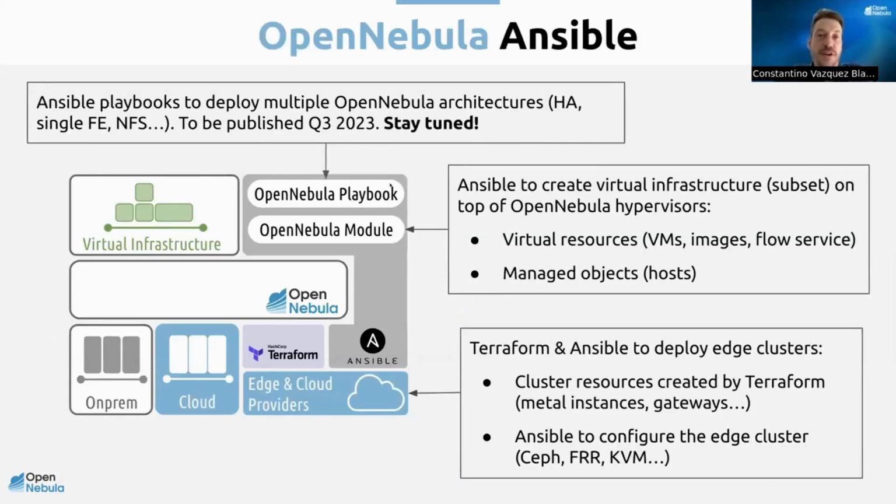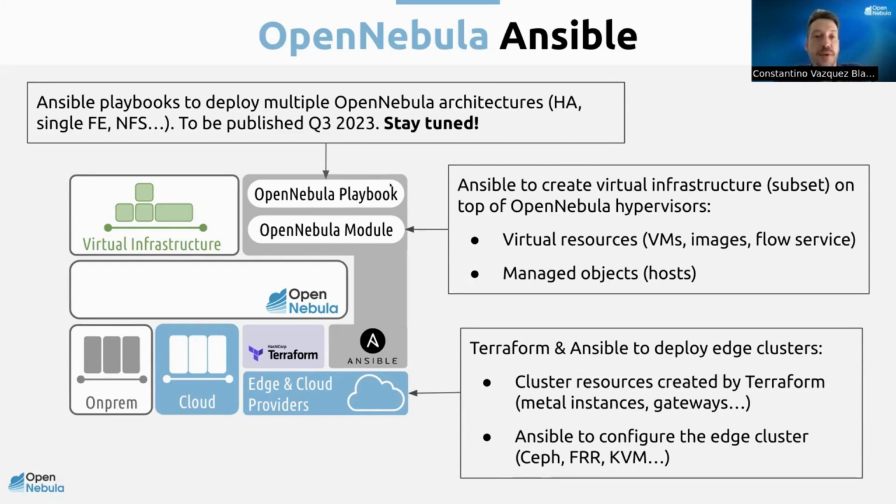In terms of Ansible and OpenNebula, you can say that Ansible has a very large presence in OpenNebula. You are able to configure the virtual infrastructure running on top of OpenNebula using the OpenNebula modules that you can find in the Galaxy collection of Ansible.